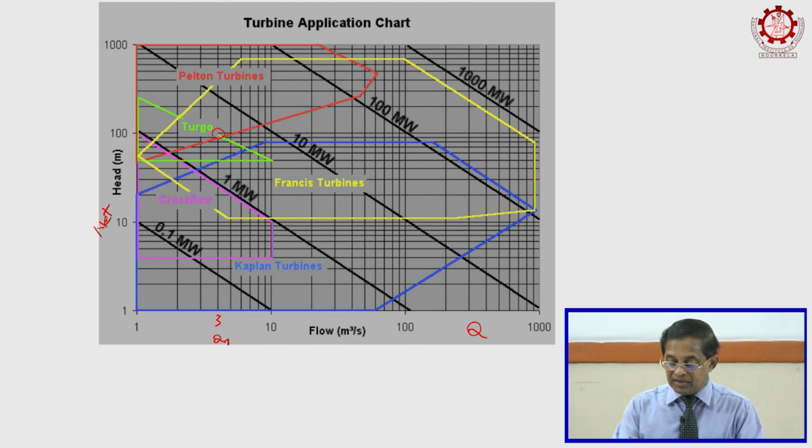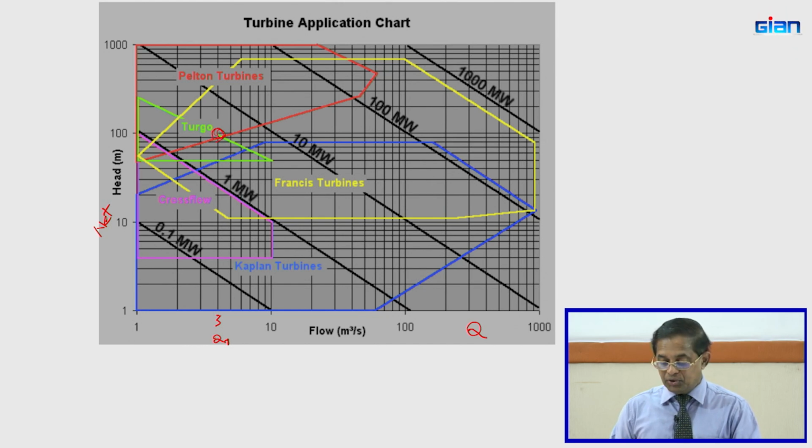You can see now this location is lucky, the red cage is Pelton turbines, and the yellow cage is Francis turbines. You can go for either Pelton turbines or even Francis turbines, or even a Turgo turbine is possible. You are very close to the boundary, so even a Turgo is okay, but you can't go for cross flow. You can't go for Kaplan.